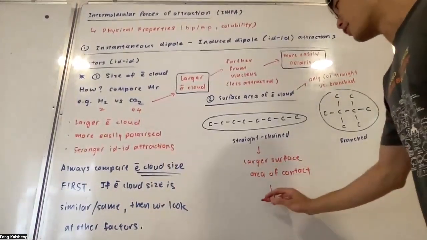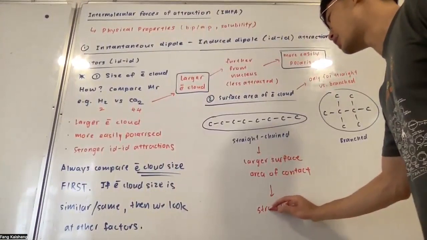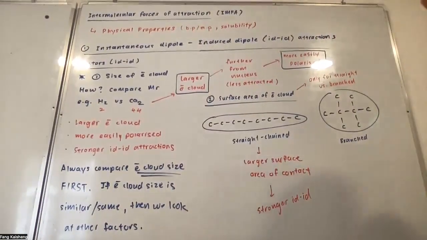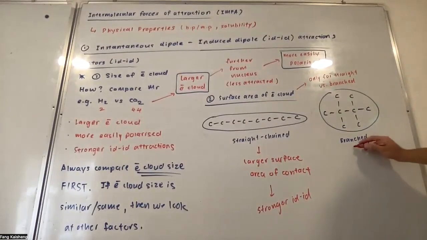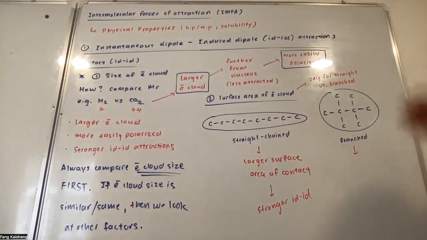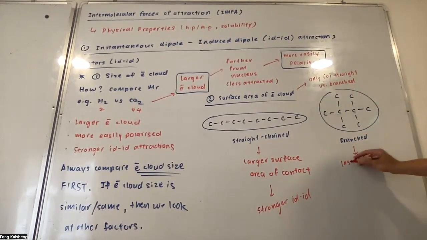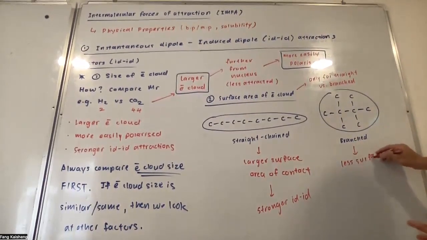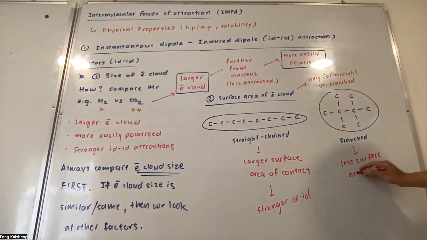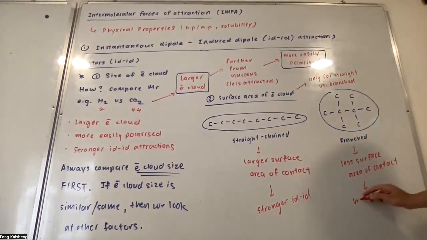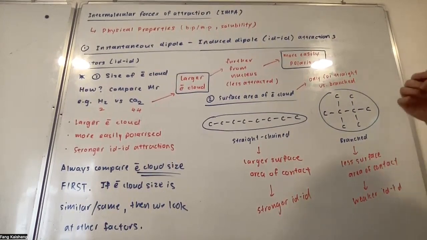Larger surface area of contact forms more attractions. So it's going to be stronger ID attractions. But if you're branched, you have what? Let's follow the flow. Okay, good. Branch isomers have a smaller surface area of contact, which means you're going to have weaker ID interactions. Can you see this?